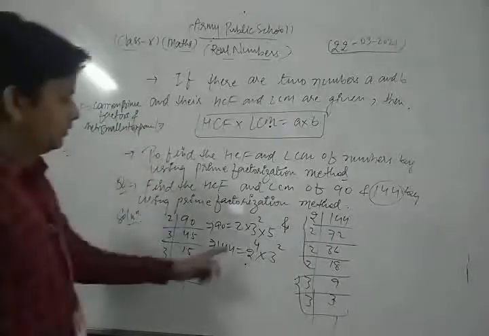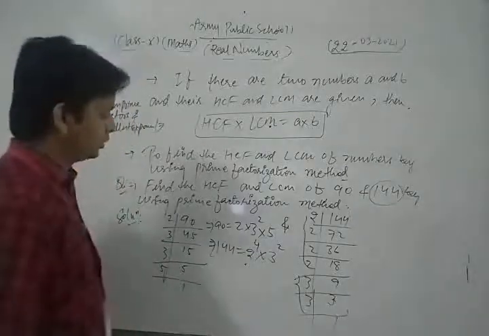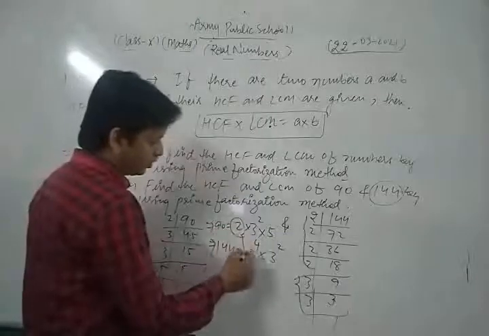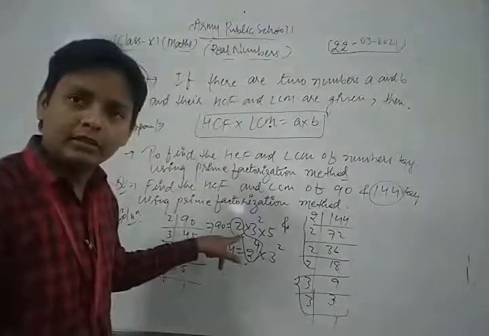Let's see which is the common prime factor: 2 is a common prime factor and its smallest exponent is 2 power 1. So we take 2.